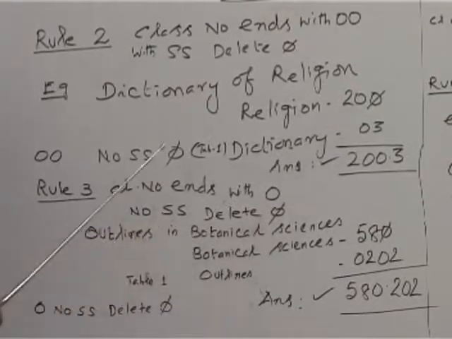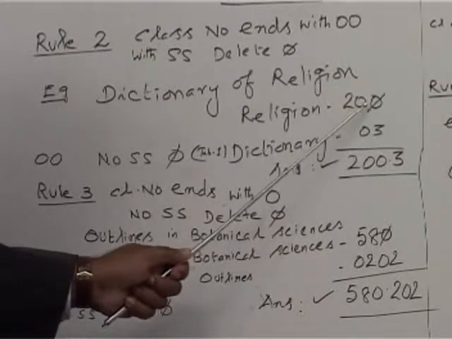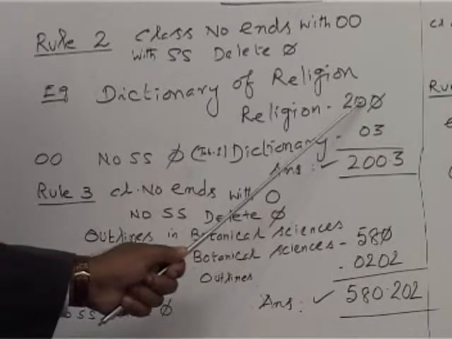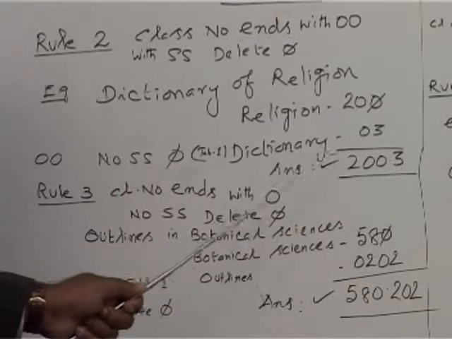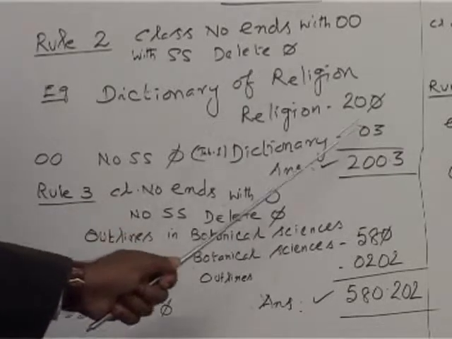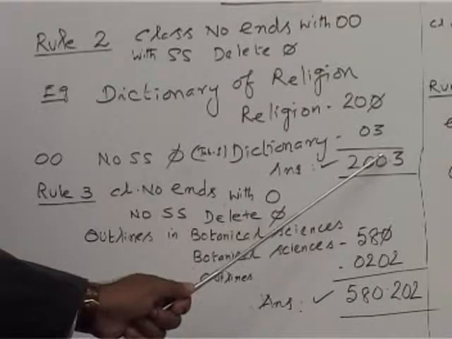So here the class number ends with 20 with the SS instruction, you have to delete only 10, that is why the answer is 200.3. The final answer is 200.3.